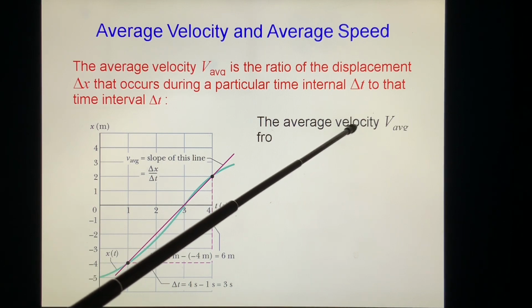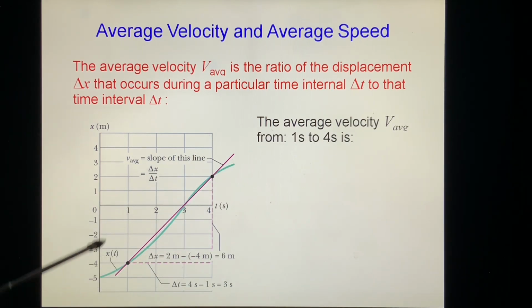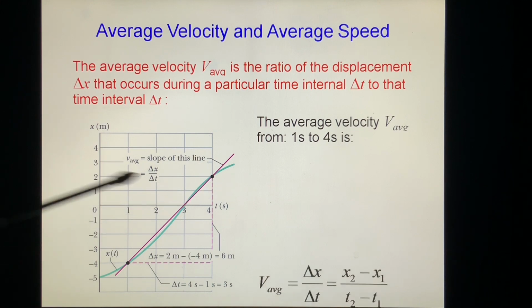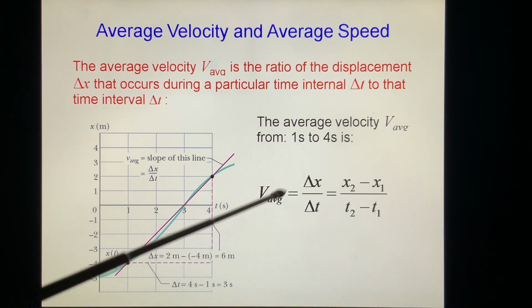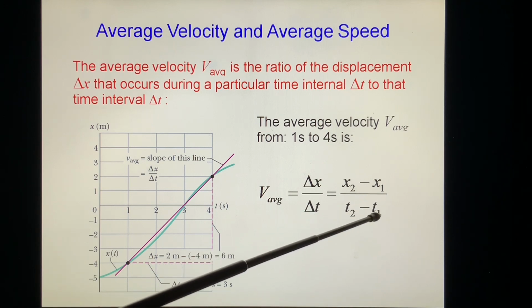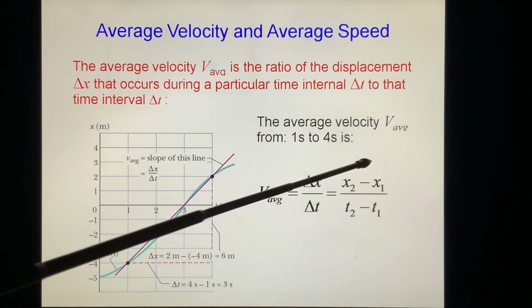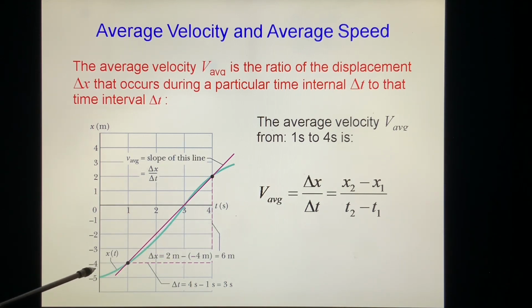The average velocity from 1 second to 4 seconds. This is 1 second. This is 4 seconds. This is position x. Okay, v average equals delta x over delta t. When t equals 1 second, x1 is minus 4.